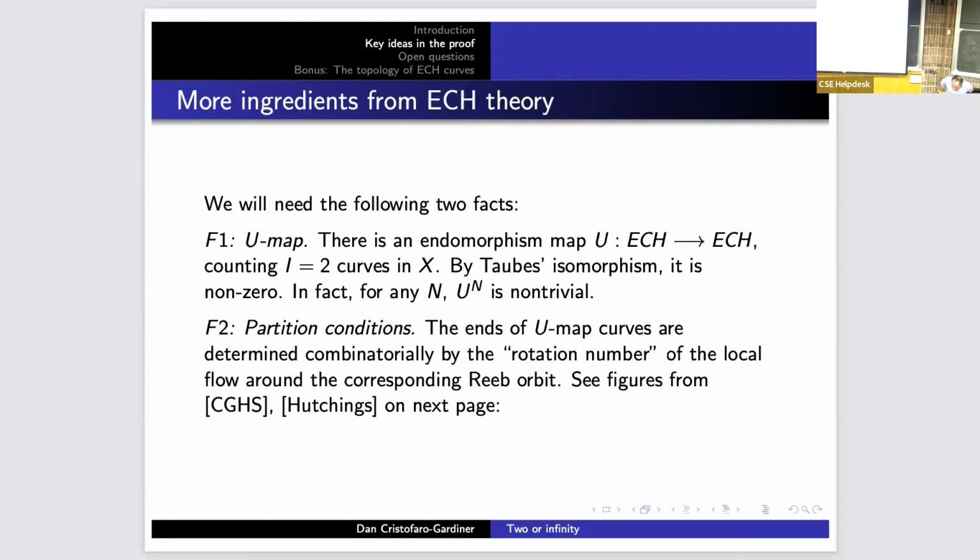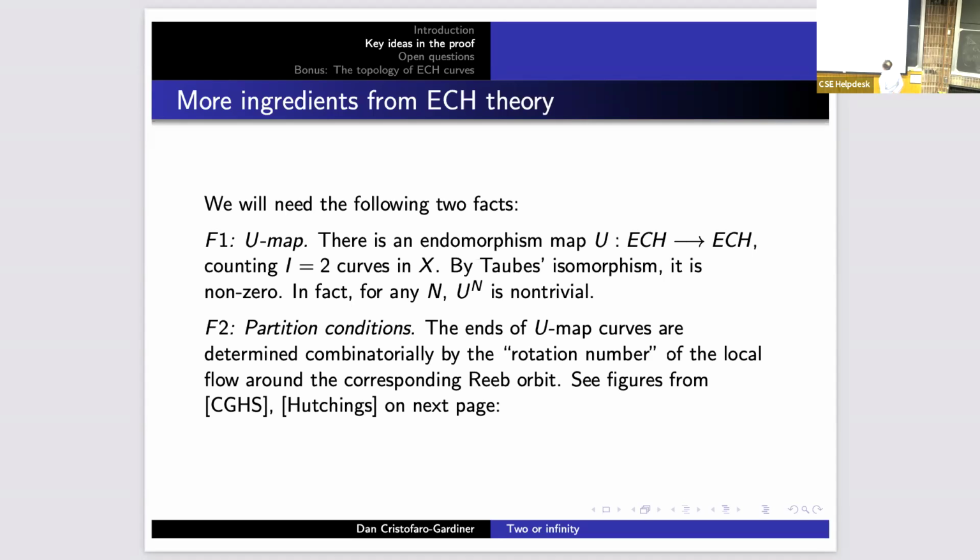Okay. So there's another fact about ECH, which is a little more in the weeds of ECH, but is somehow very important to this issue of how do you know the exponential convergence doesn't go to 0. And it's what's called the partition conditions. And maybe it's the part of the theory that is probably not well understood by anyone other than the specialist.